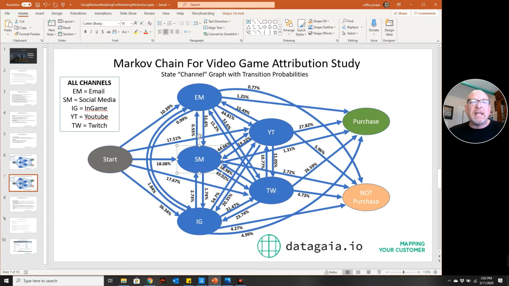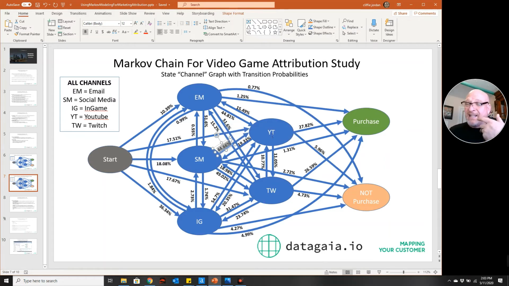And being that he can click on a link to go to YouTube, the probability of making that click, from going from social media to the YouTube video, is 44.66%. Okay, so it goes down this path.